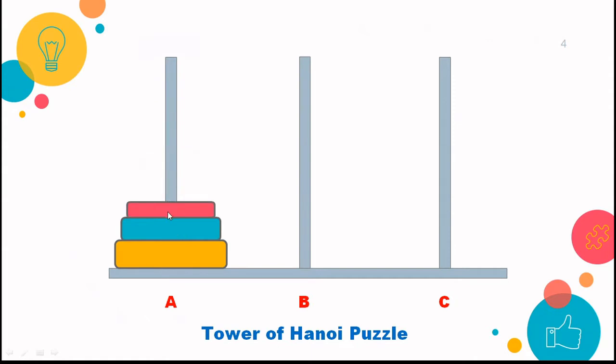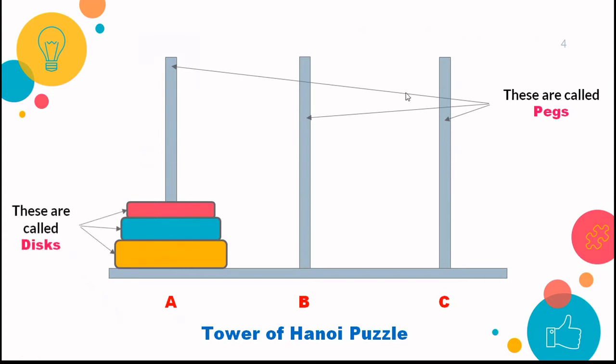So this pink disc is smaller than the blue, and the blue disc is smaller than the yellow disc. So they are arranged in such a way that from top to bottom they are arranged in ascending order, right? So these are the three pegs, peg A, peg B, and peg C, and these are the discs. Here I have just shown three discs, but there can be any number of discs, right?